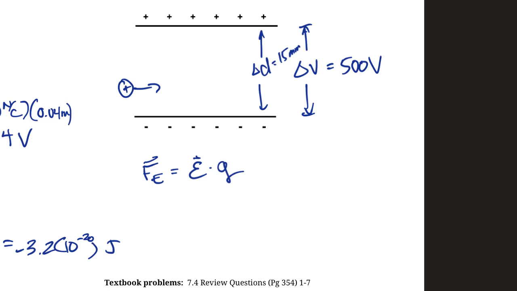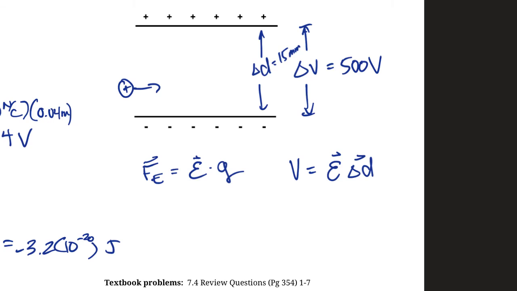What that tells us again is that the electric potential difference between any 2 points in a field is going to be based on the field strength and the distance between those 2 points.